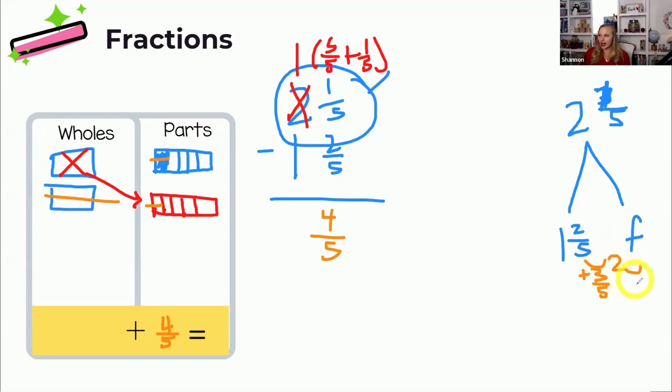Then I have to add another 1/5 to get to 2 and 1/5. So now 3/5 plus 1/5 would equal 4/5. It's the same answer. So counting up would have been just as easy as ungrouping, but we know that in the 5th grade standard, ungrouping is an important part of the standard, knowing when to decompose a whole number to get unit fractions, to be able to subtract.